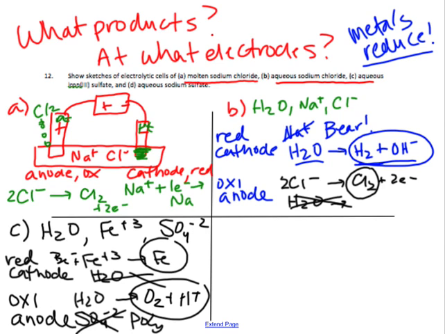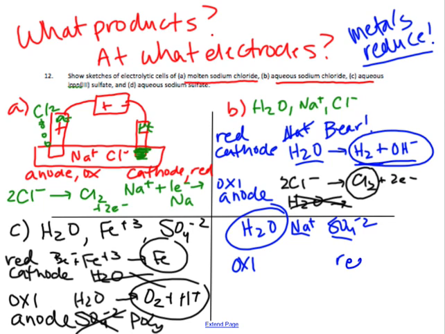All right, and the last one's really easy. Can you look at it and tell me something without even doing anything? It's sodium sulfate. What can you tell me? Yep. Bear, polyatomic. Just water. So it's literally going to be oxidation and reduction of water.